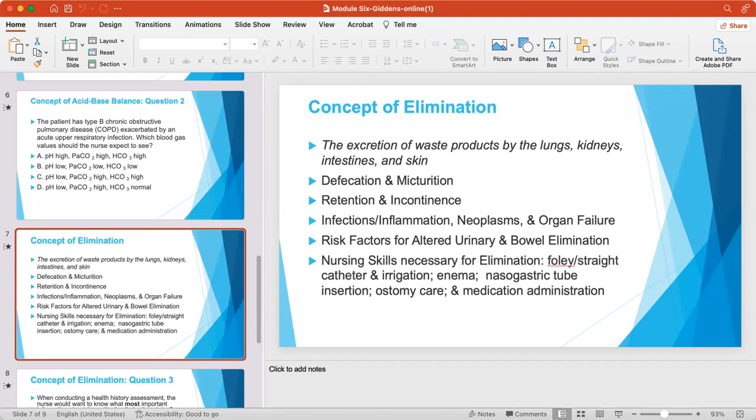Several medical conditions can place an individual at risk for alterations in urinary elimination, such as brain attacks or cerebrovascular accident, spinal cord injuries, diabetic neuropathy, dementia, including Alzheimer's disease, HIV, AIDS, or other autoimmune diseases, and conditions that are specific to the urinary system.